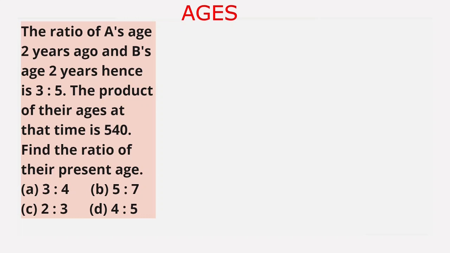So we solve like this. So this is our present, this is minus 2 is A and plus 2, that is after 2 years, is B, and A is 3x and B is 5x, as their ratio is 3:5.